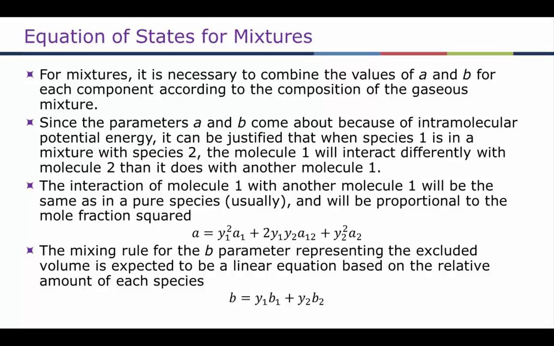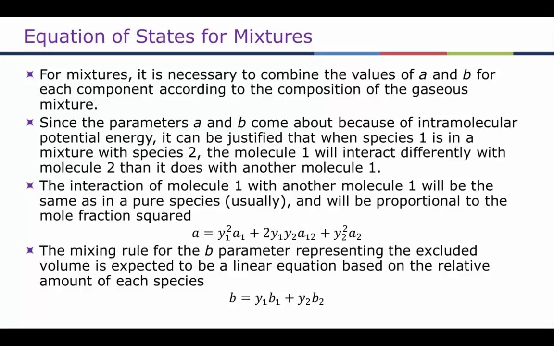So for example, if you have gases like nitrogen and hydrogen together and you compress them, nitrogen-nitrogen interaction will be quite different to nitrogen-hydrogen interaction. So that different interaction between two different types of molecule must be accounted for.